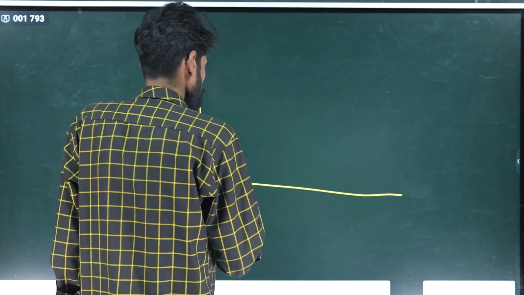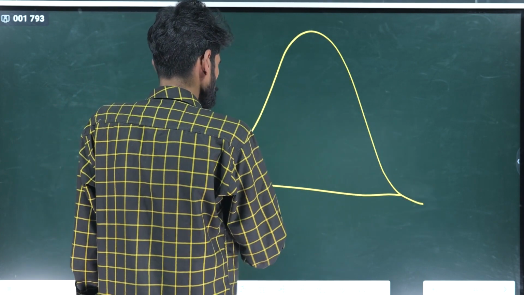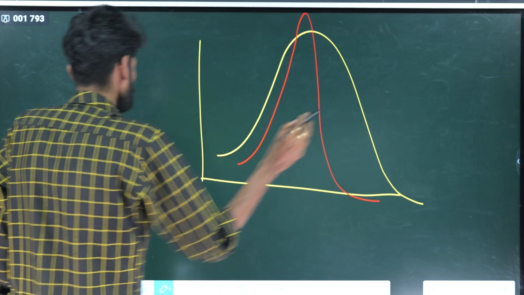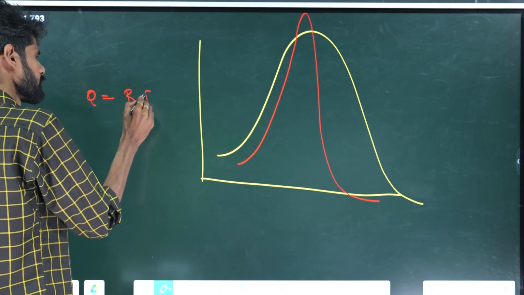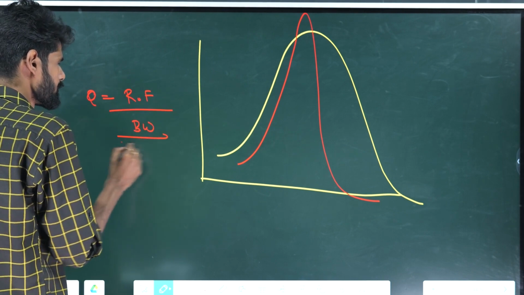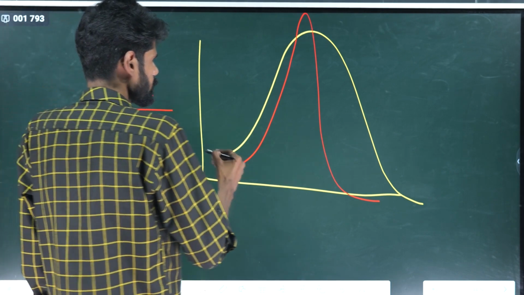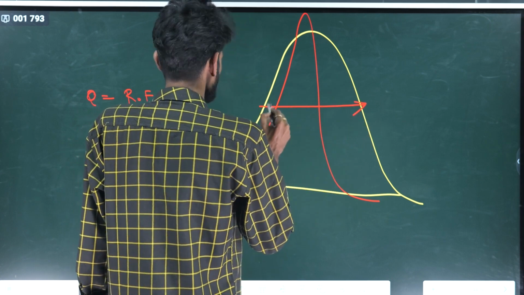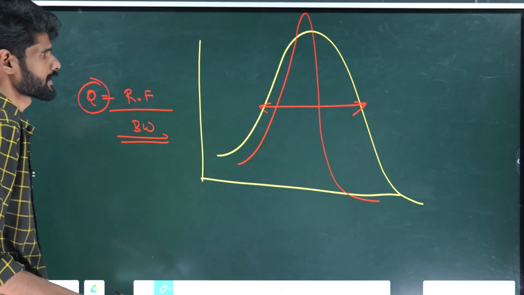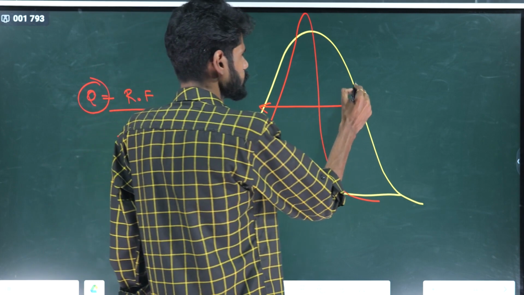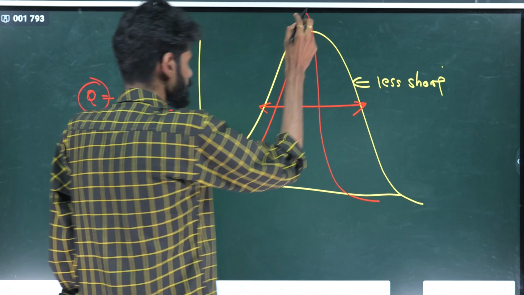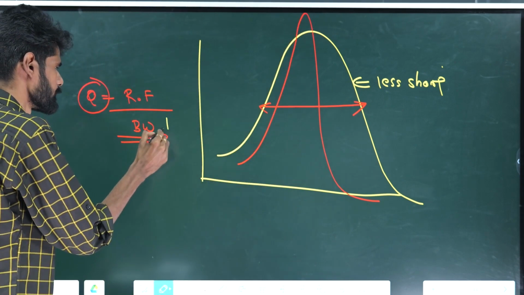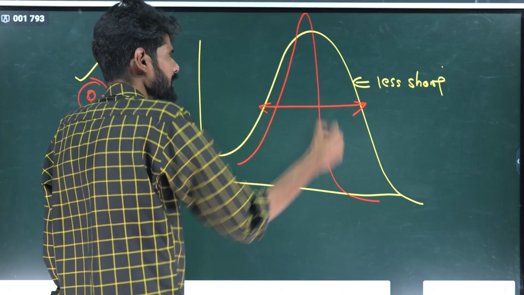These are the two resonance curves. When the bandwidth is more, the quality factor is less, so the circuit becomes less sharp. In the red diagram, when the bandwidth is less, the quality factor is more.